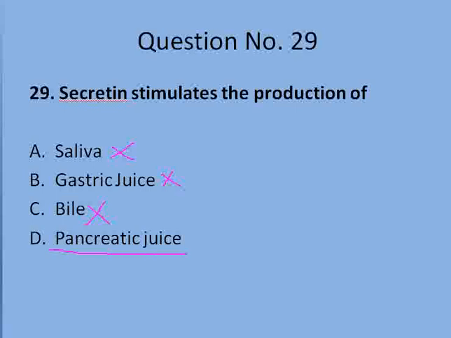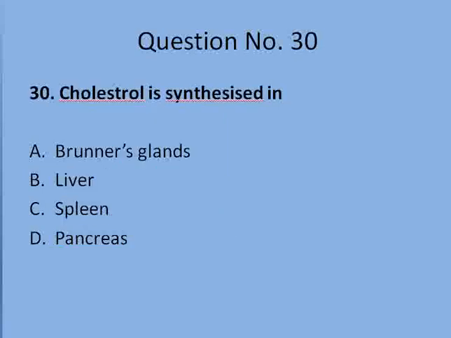So secretin stimulates the production of pancreatic juice. Question number 30. Cholesterol is synthesized in Brunner's gland, liver, spleen, pancreas. So the correct answer for this is option B.